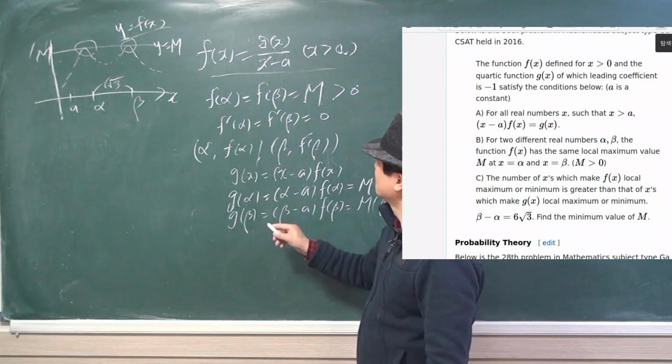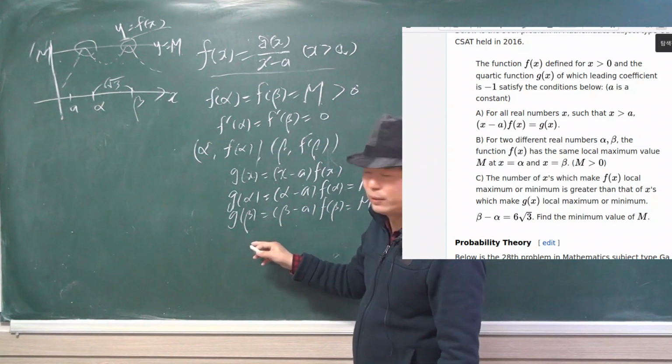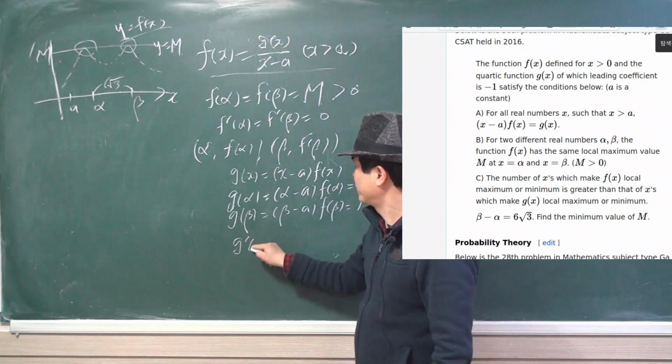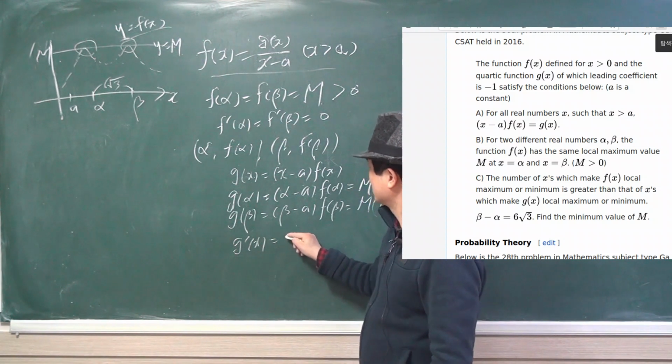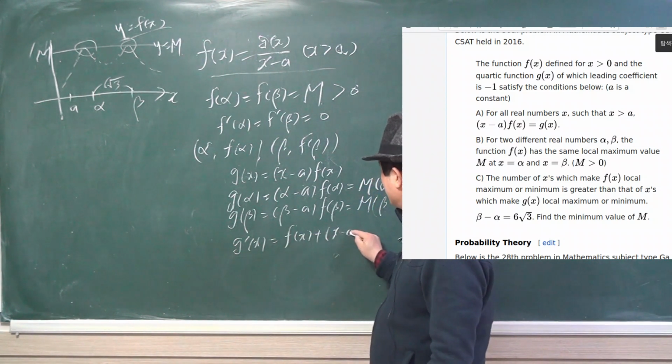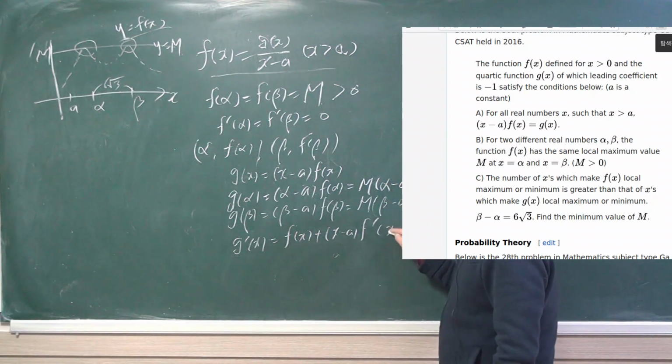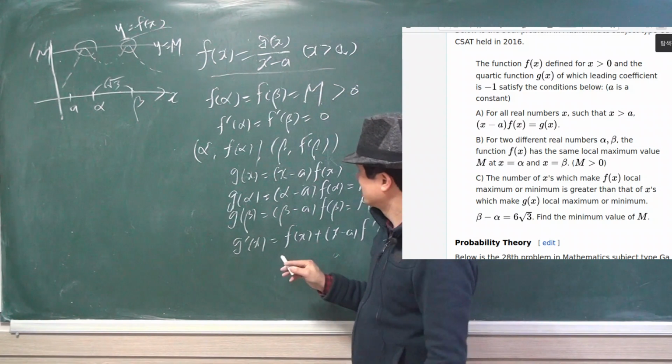And we differentiate g(x). So g'(x) equals f(x) plus (x minus a) times f'(x).